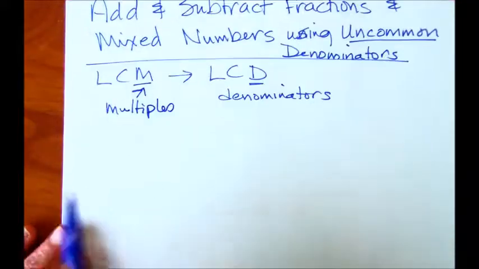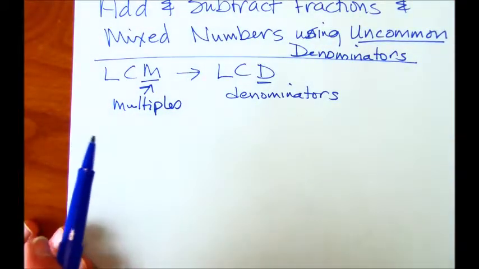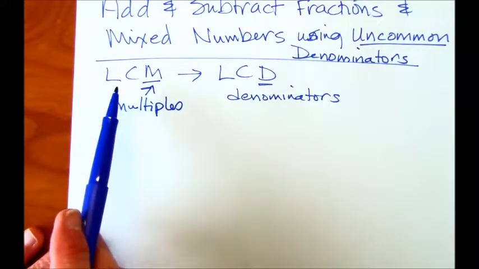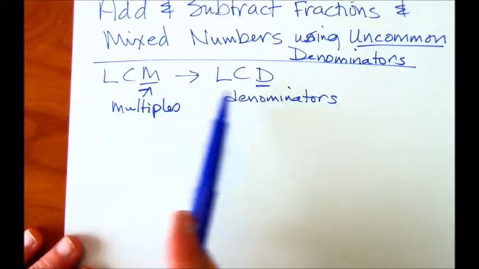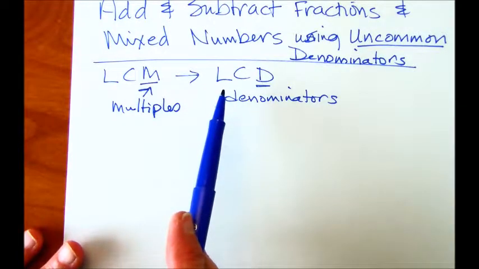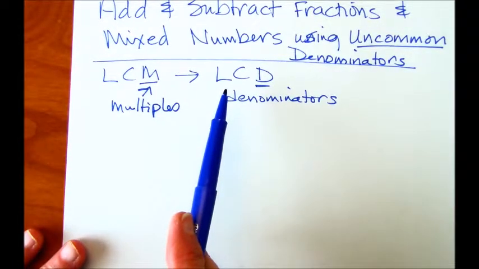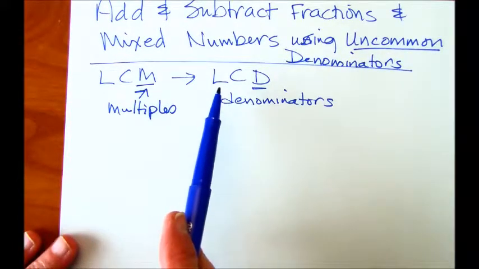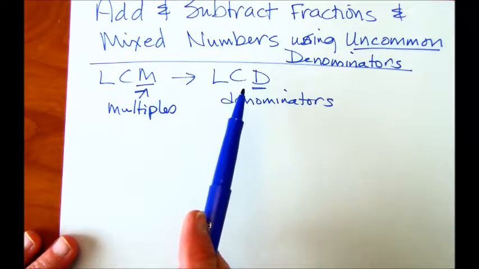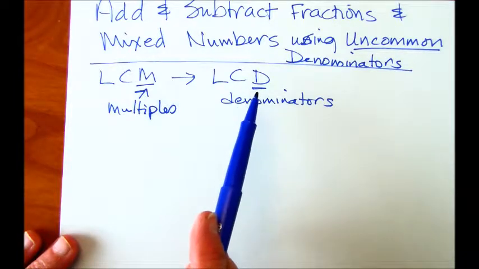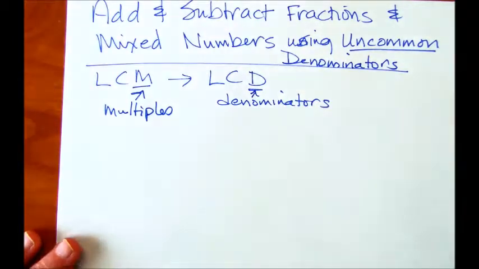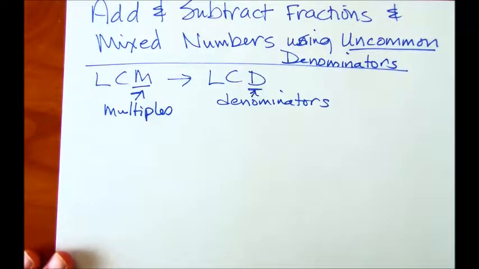So when we're just comparing numbers to find a common multiple, you're more likely to see LCM. But when we're actually doing a fraction problem, addition or subtraction, and you want to find the least common multiple, then we would rephrase that and say least common denominator. They both pretty much mean the same thing though.